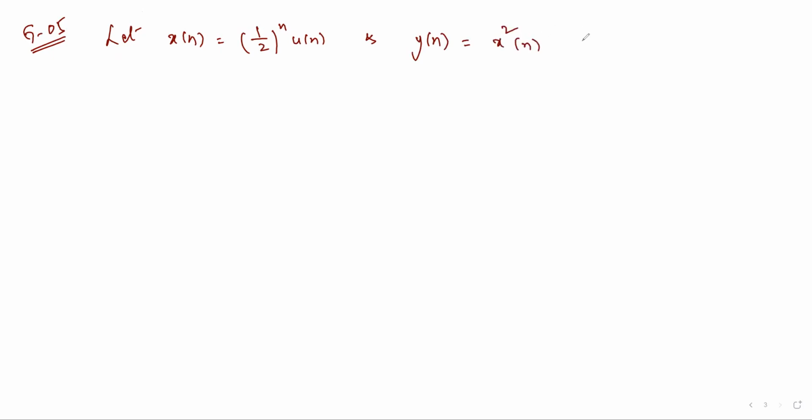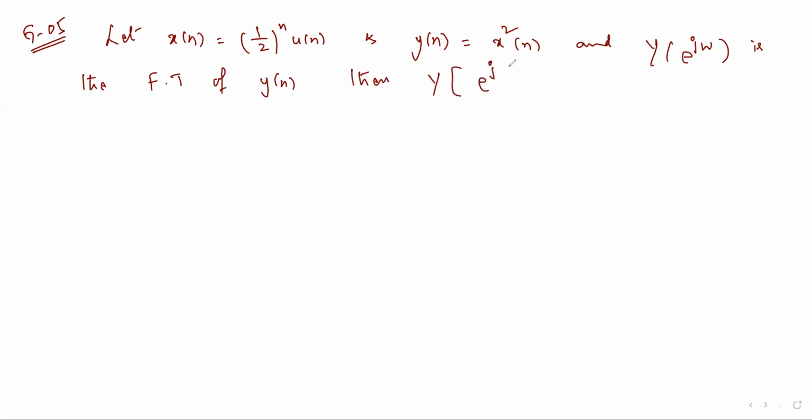And y of e to the power of j omega is the Fourier transform of y of n, then y of e to the power of j0 is?